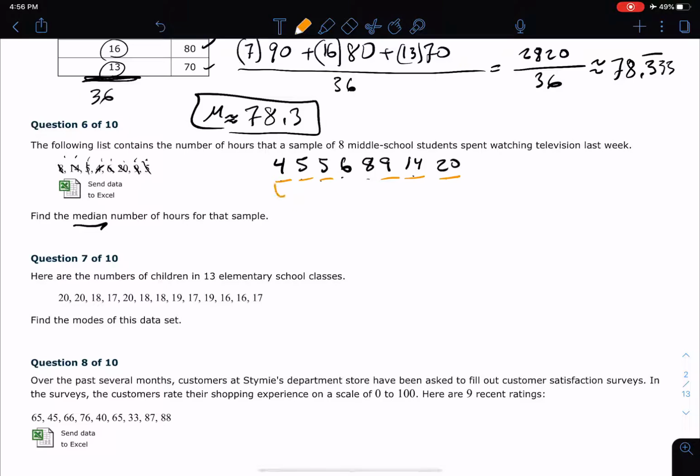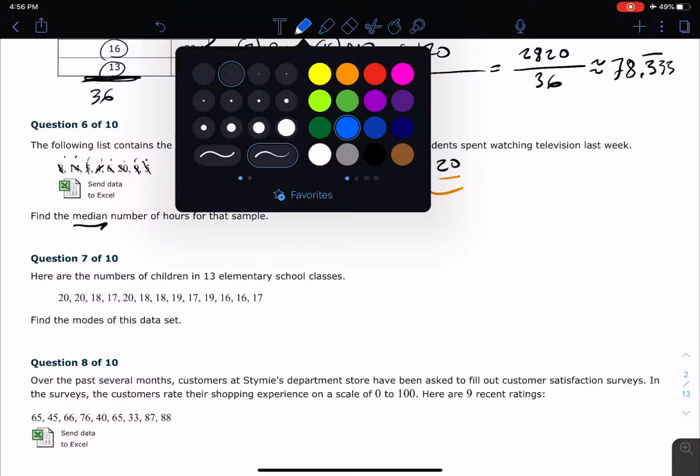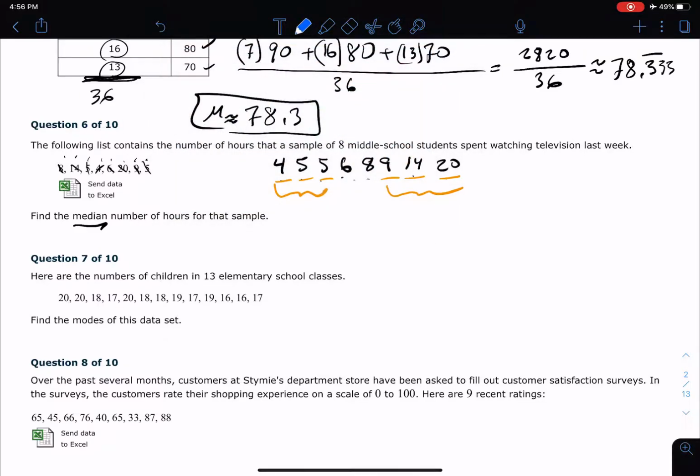So with 3 data points on the left and 3 on the right, I'm still stuck with 2 numbers in the middle. So I don't have a physical middle number. In that case, you find the average of those 2 numbers. You take 6 plus 8 divided by 2, and you get 7. So the median equals 7.